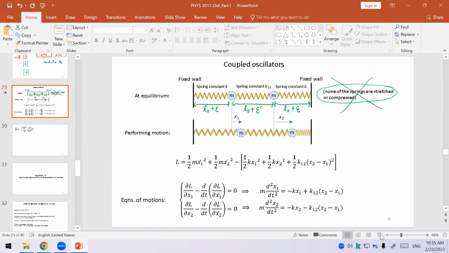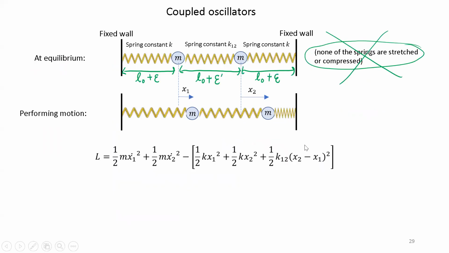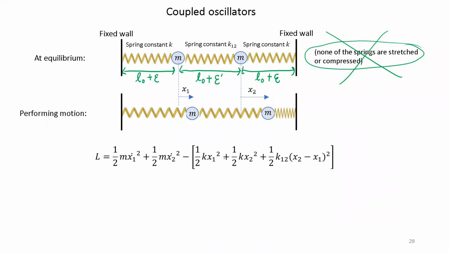Right, so here, if you try to modify the Lagrangian, of course the kinetic term won't be modified. And now, instead of having this kx1 square, here this x1 has to be replaced by x1 plus epsilon, right?